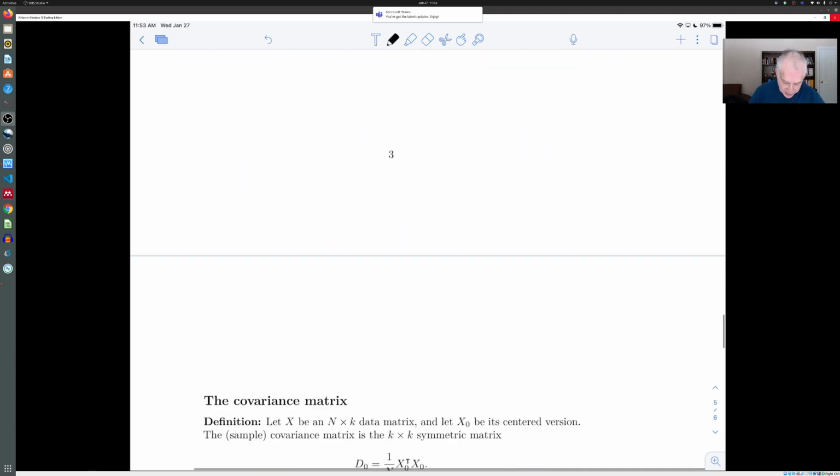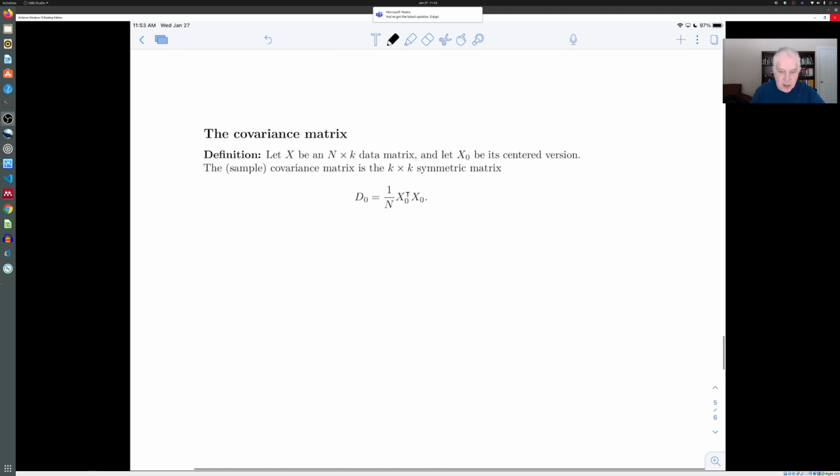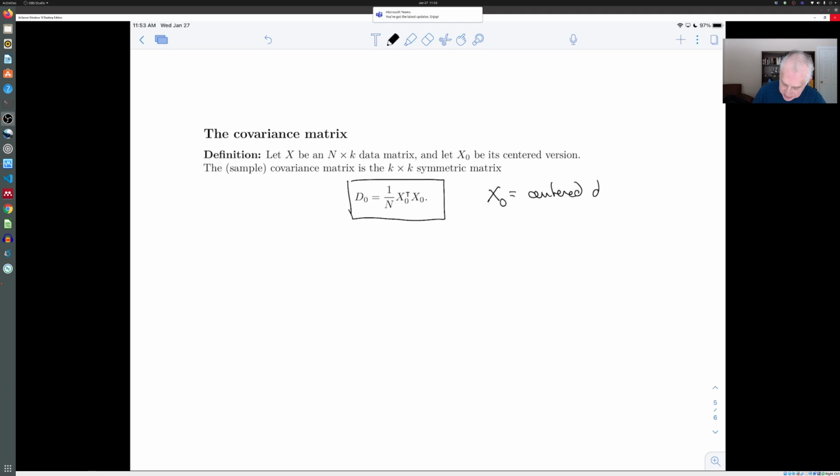Okay, now we can relate this back to something that arose in our study of linear regression, and that's the covariance matrix. If you recall, in the calculations involving linear regression, the matrix D0 arose, 1 over n times x0 transpose x0, where x0 is the centered data matrix.